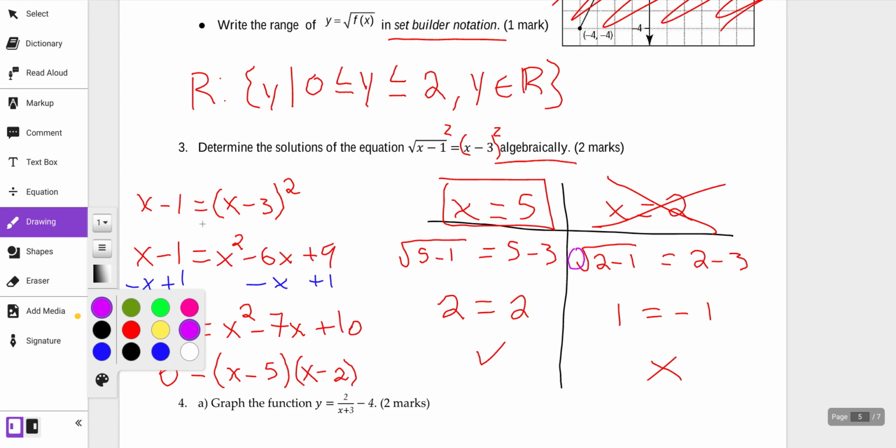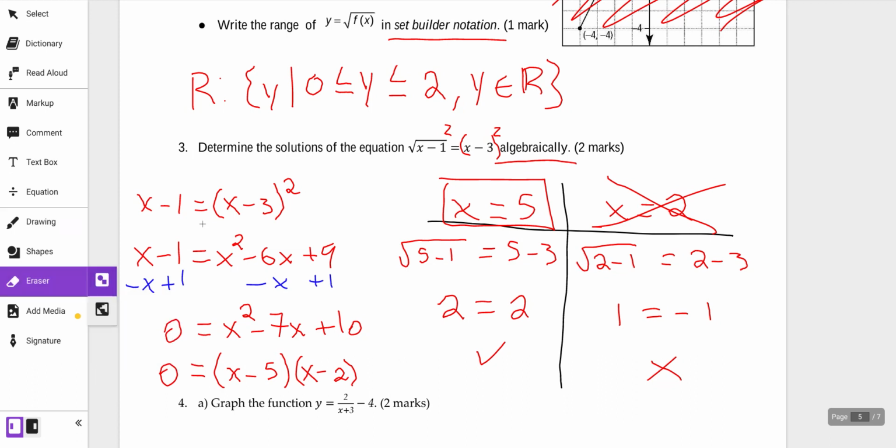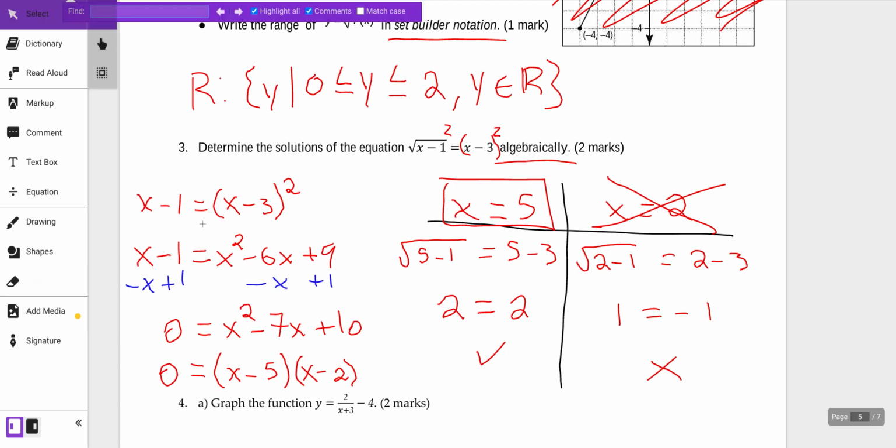We only put that positive and negative if we create the root sign. If they put the root sign in the question, then we just know they're only talking about the positive root. So unfortunately, x equals 2 does not work. You had to show that you did not like that answer to get the full mark.